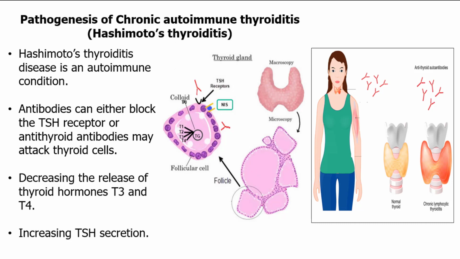The autoimmune antibodies can be directed against the thyroid peroxidase enzyme or the thyroglobulin. Thyroid peroxidase enzyme and thyroglobulin are essential in the formation of thyroid hormones. And consequently, this will decrease the release of thyroid hormones T3 and T4 and increase the TSH secretion due to lack of negative feedback mechanism.